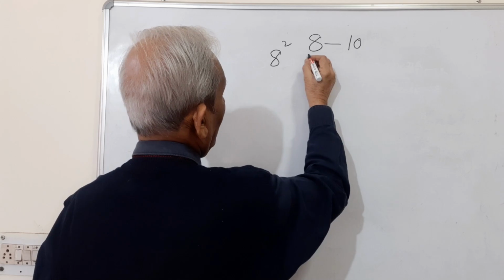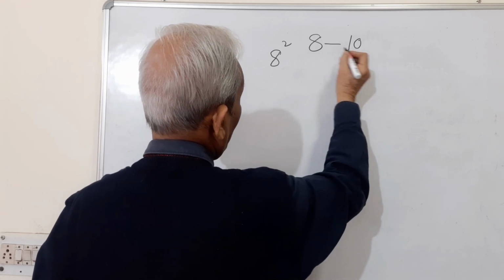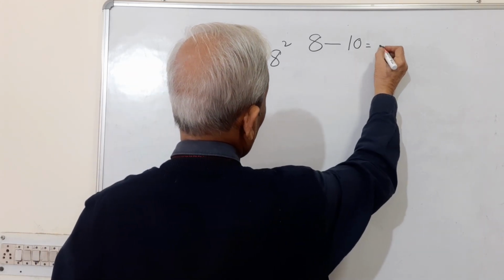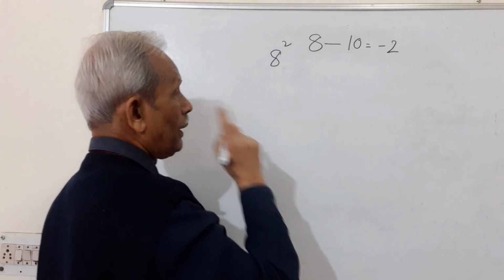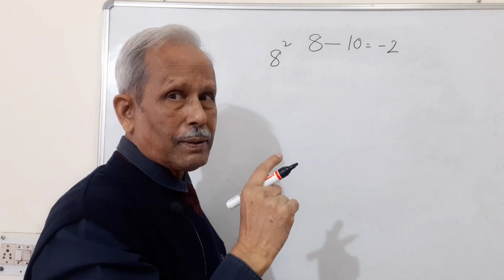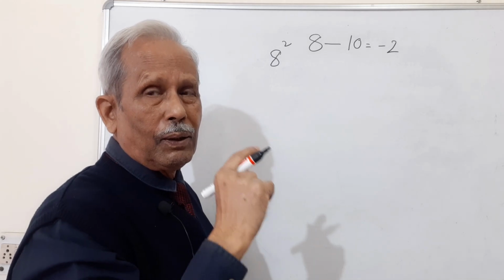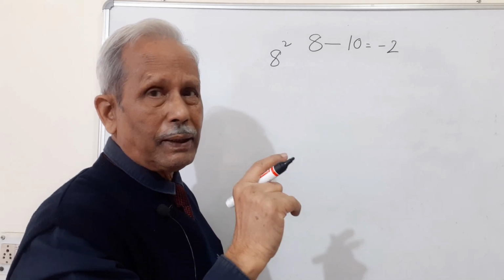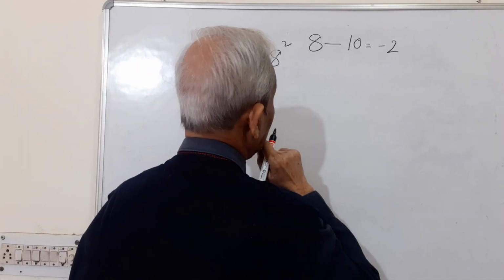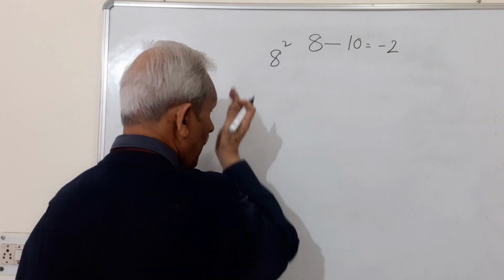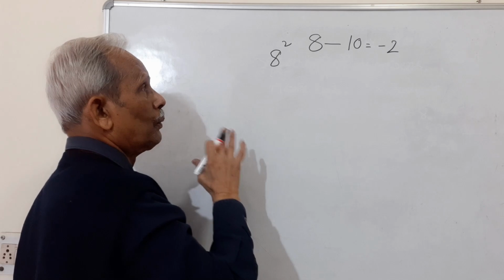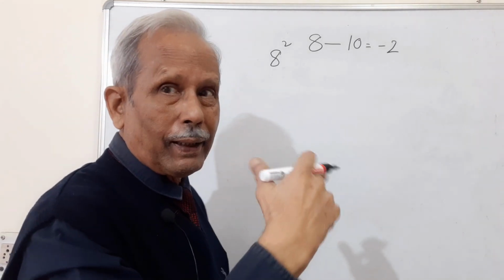So the difference from base is 8 minus 10, and that's equal to minus 2. Remember it: whenever you try to find the difference from the base of any number, it is that number minus the base. So here the difference from the base is minus 2, and if it is so, how will we do the squaring? Let us see it.